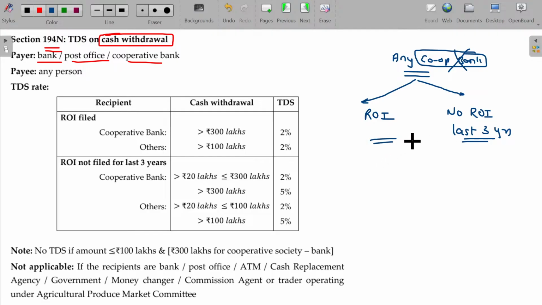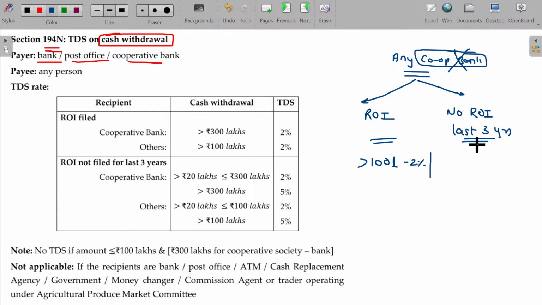Then you can withdraw only 10 lakhs in a year. Sorry, 20 lakhs. If you file RY, you can withdraw almost 100 lakhs from your bank account. If you withdraw more than 100 lakhs, 2% TDS will be leviable.